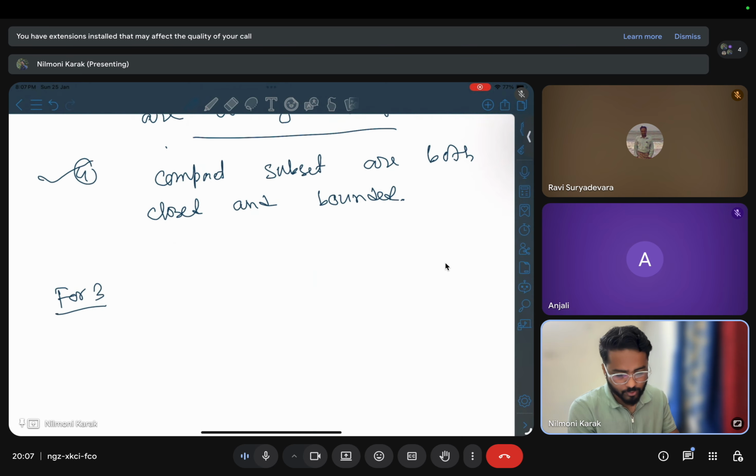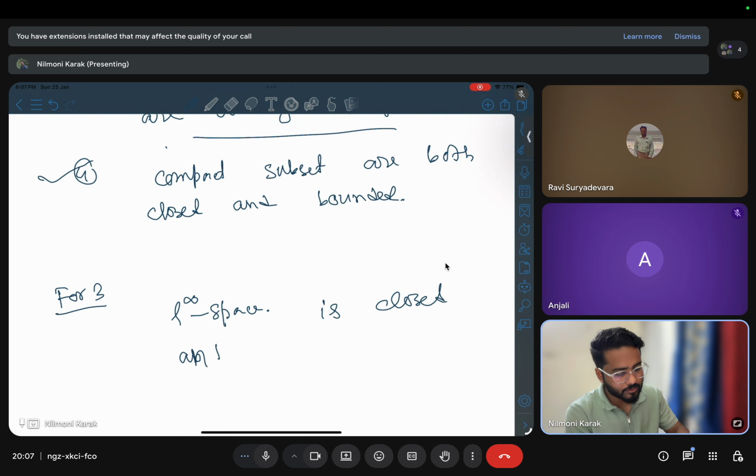For 3, you have to construct some special infinite dimensional space, like the l infinity space, which is closed and bounded but not compact.